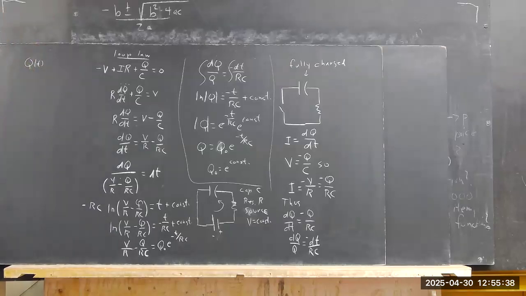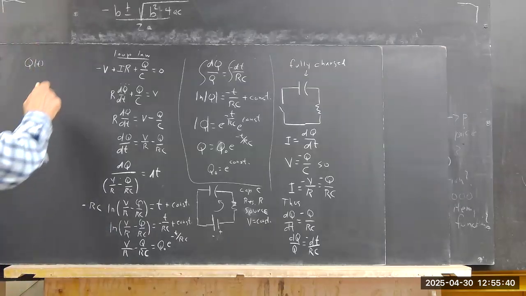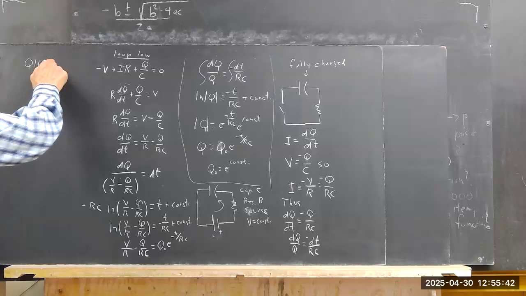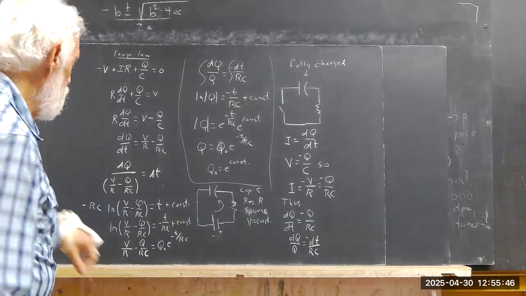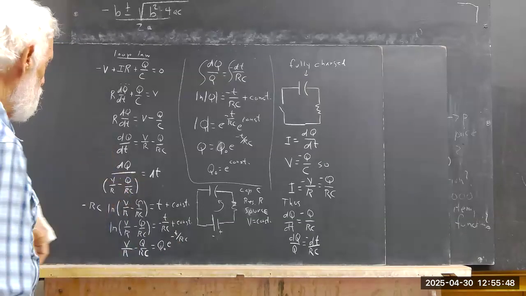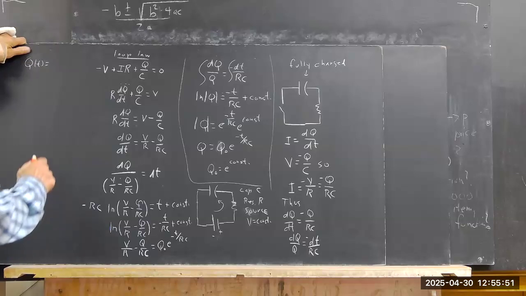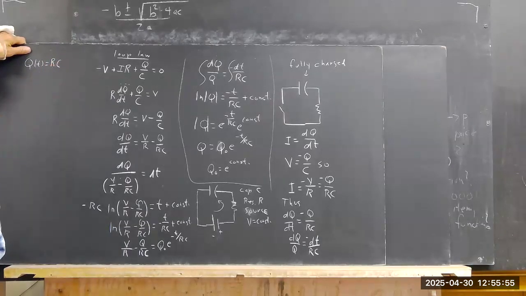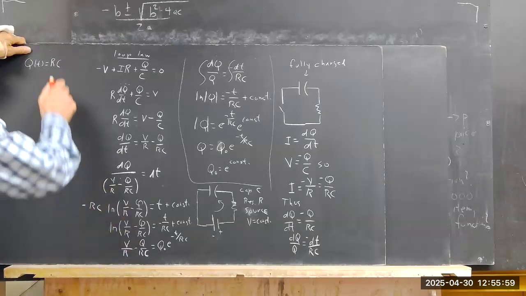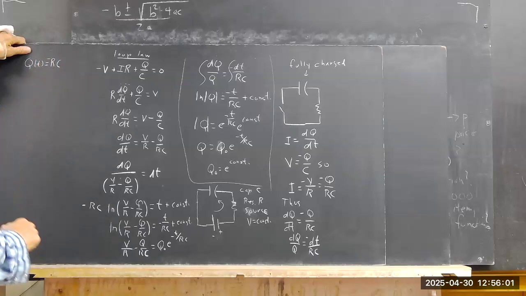Okay, so we get Q of t then equals... I have to subtract V over R from this side and then multiply by RC. Have a negative, multiply by negative RC.